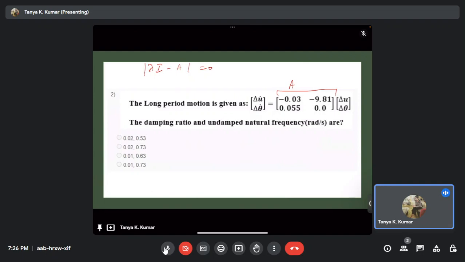So try doing this and tell me what is the equation. If you find the characteristic equation, just tell me, okay?